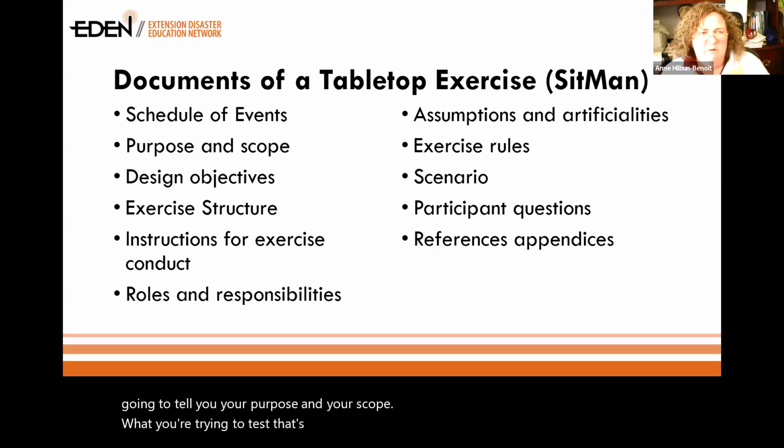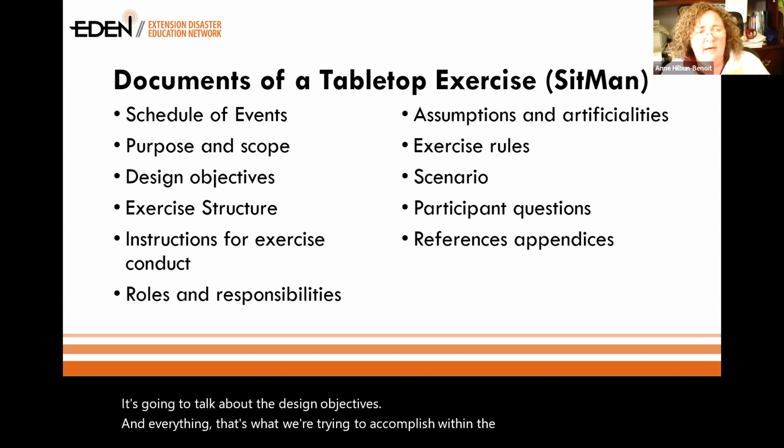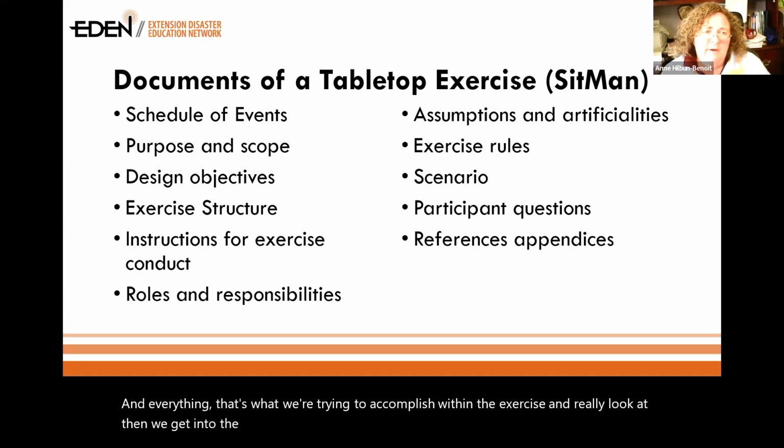That's literally what that part is. It's going to talk about the design objectives, and everything that we're trying to accomplish within the exercise and really look at. Then we get into the exercise structure and how it's going to be laid out.